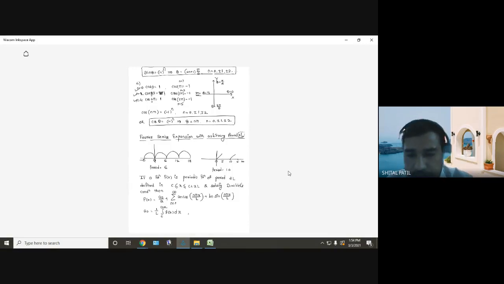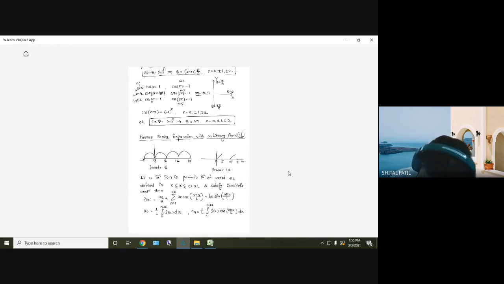I don't have space, so I am writing in front of this only, but you write below this. a n equal to 1 upon l integration c to c plus 2l f of x cos of n pi x divided by l dx.